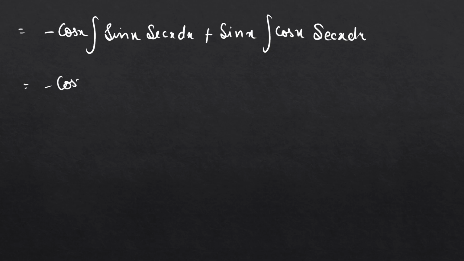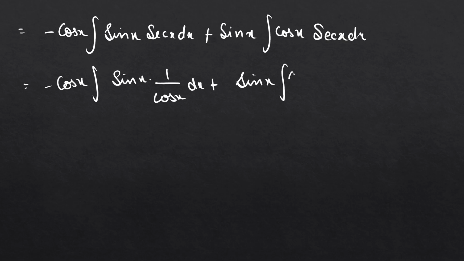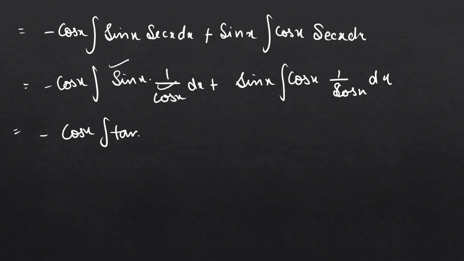So it is minus cos x integration of sin x into 1 by cos x dx, plus sin x integration of cos x into 1 by cos x dx. So sin x divided by cos x can be changed into integration of tan x dx, and in the second we are left with only the integration of 1 dx.